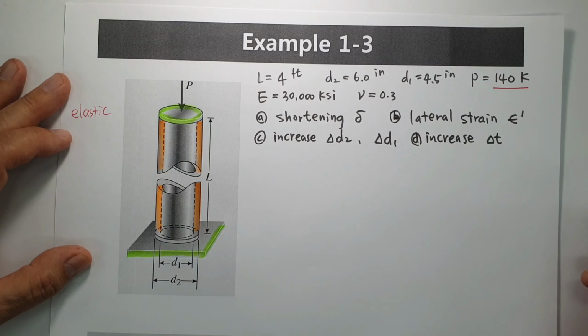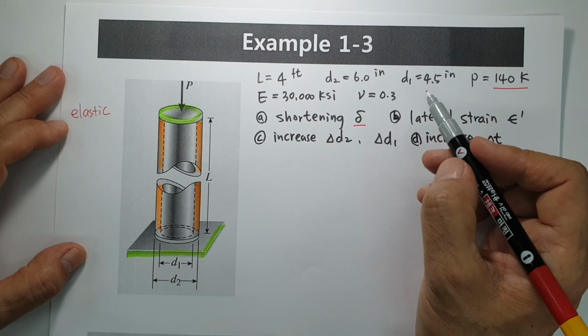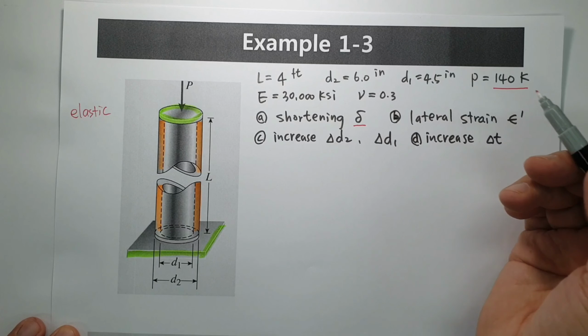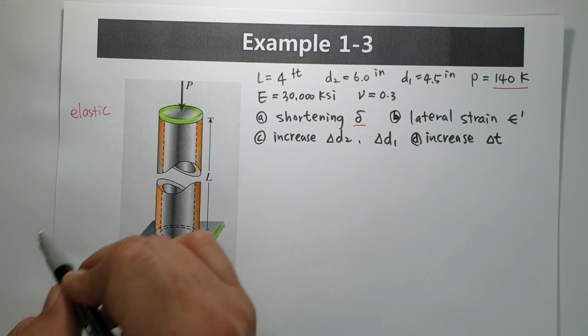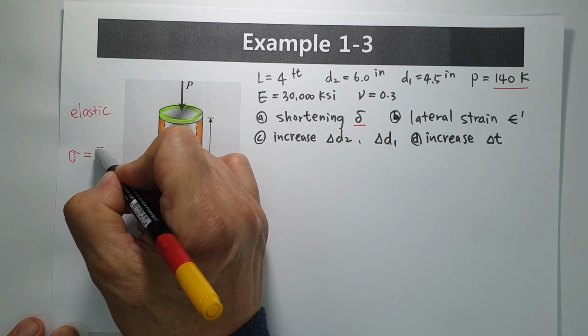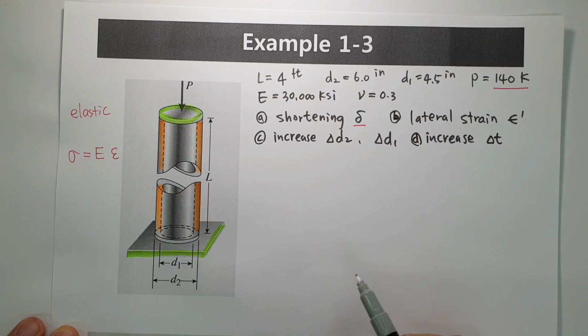In order to find the delta value, we can apply some formula. We can think of sigma equals E epsilon. This formula we can apply here.